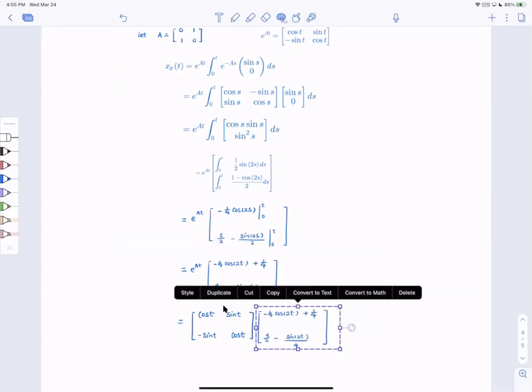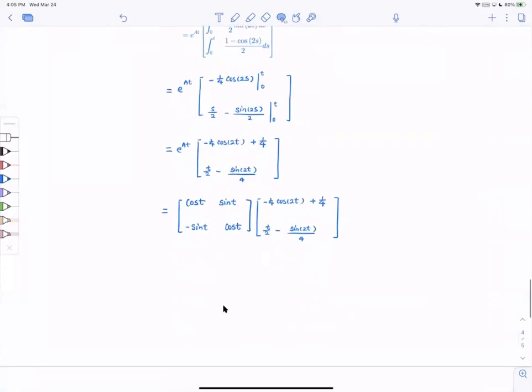Still a lot of computation, but I guess it's slightly easier. And the final answer should be, so skip that part, t over 2 sine t, and t over 2 cosine t minus 1 over sine t.